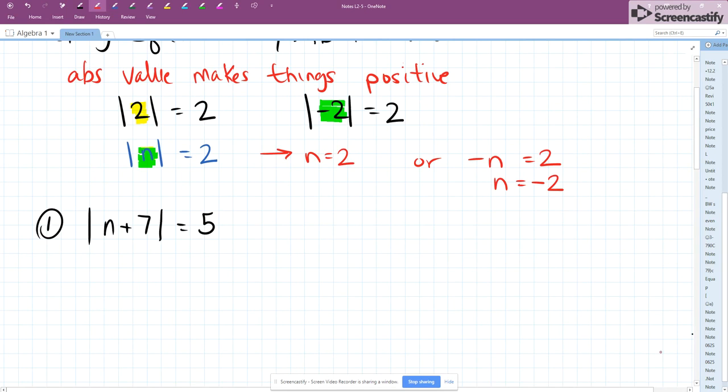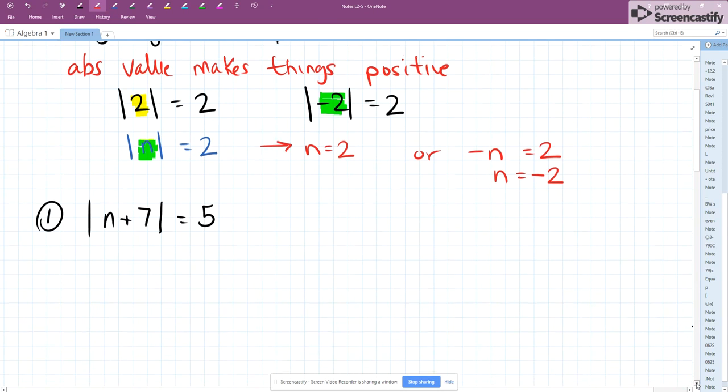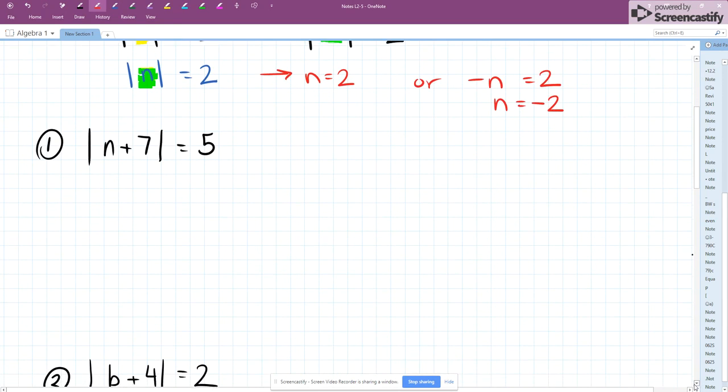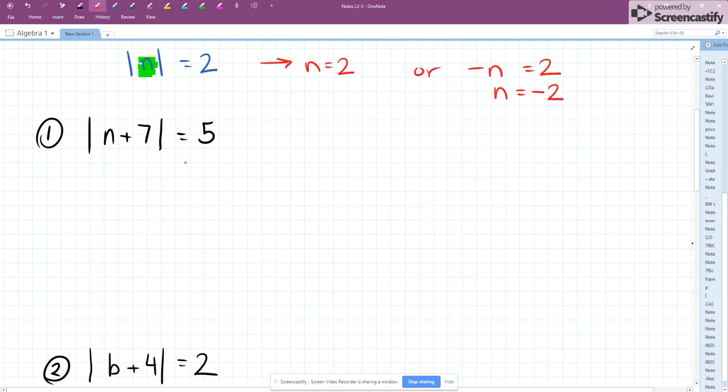So we are going to do that with a more complicated problem. So example number 1, the absolute value of n plus 7 equals 5. You could solve just n plus 7 equals 5, or the opposite of that, the opposite of n plus 7 equals 5.